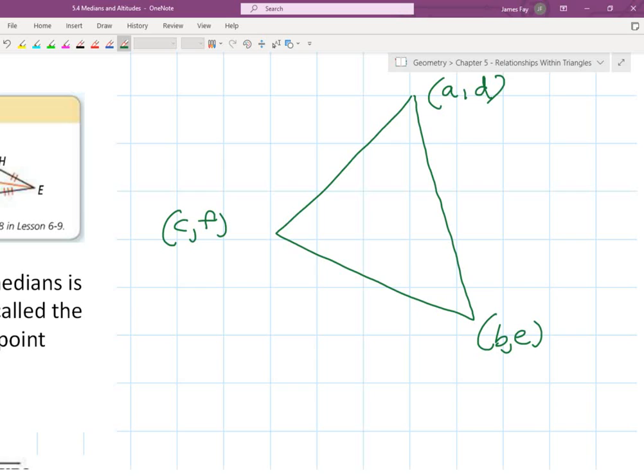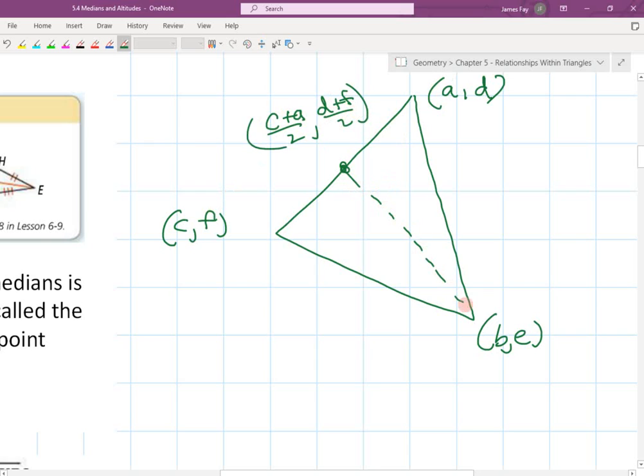To find the centroid, this formula is generated by basically saying, okay, if I can find this midpoint right here, the midpoint right there would be C plus A over 2. Do you guys agree with that? Add the x's divided by 2. Add the y's divided by 2, so D plus F divided by 2.